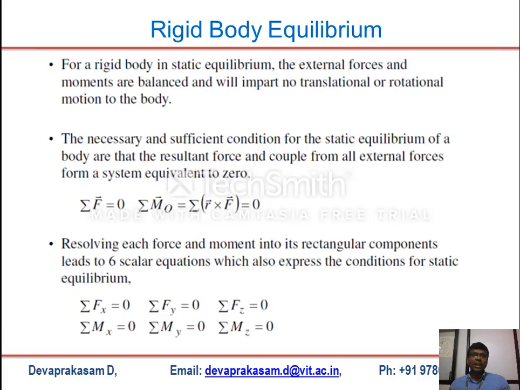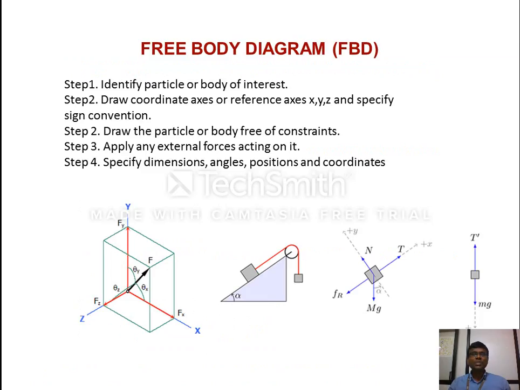So the sum of the forces and the sum of the moments should be zero. This gives us six equilibrium equations in a rectangular, or any three-dimensional, Cartesian coordinate system.